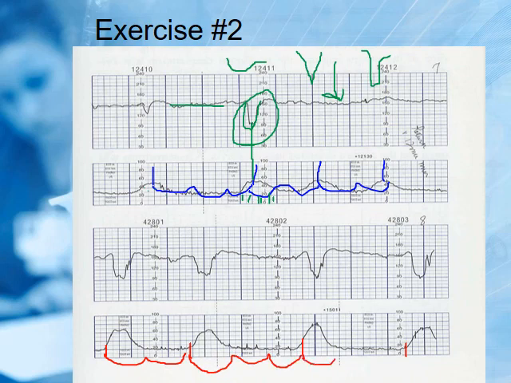And then it's 1, 2 and a half. So 2 to 3. How long are they lasting? About 50 seconds. Okay, so they're about every 2 to 3 minutes, lasting about 50 seconds.